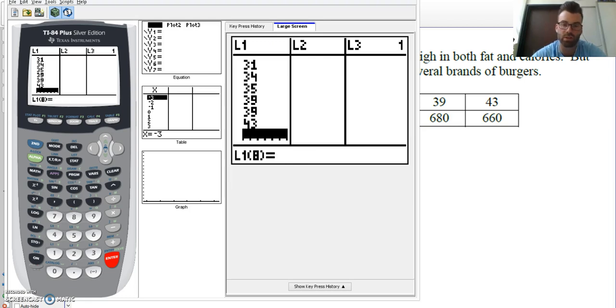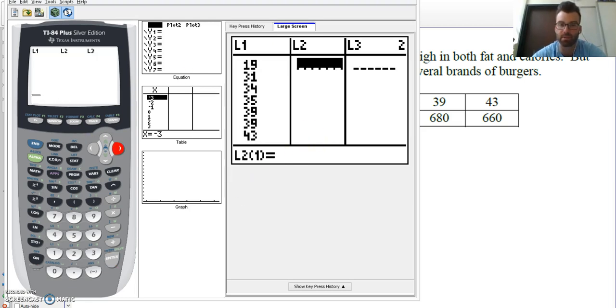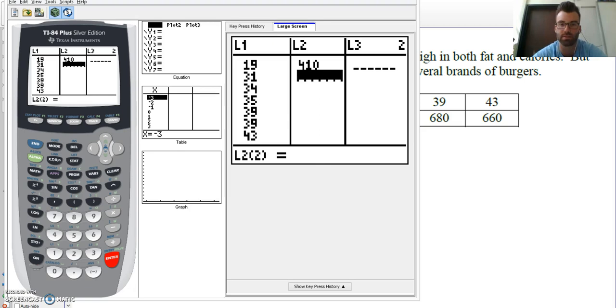The order in which I physically input this is not terribly important as long as it corresponds. With the 19, you must have 410 right next to that, and with 31, I must have 580. It's easier to do it in order so you won't make a mistake. But if you mistype, don't freak out. It's not the end of the world. It'll be all right.